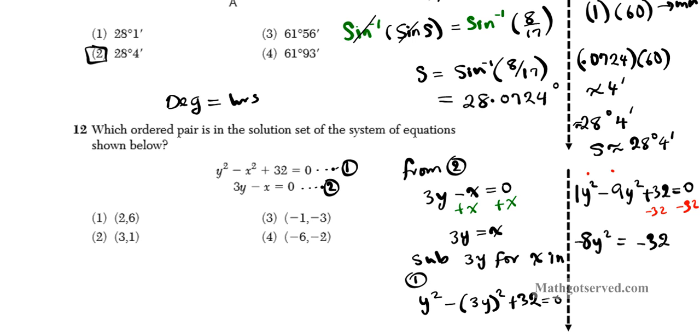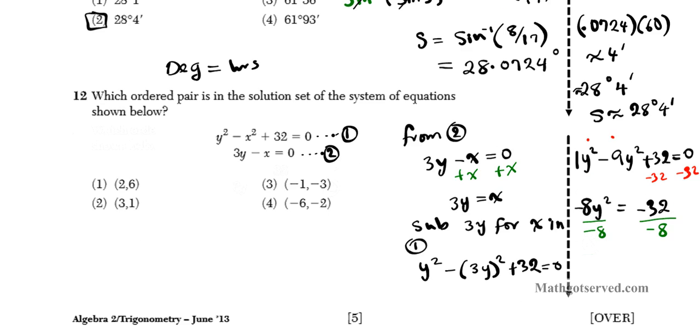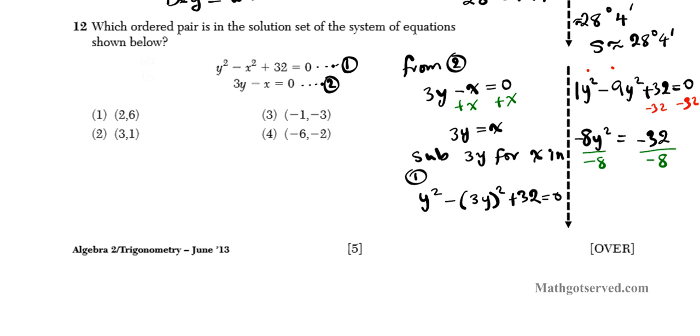Okay, so divide both sides by negative 8. Remember the goal is to isolate y. So you're going to have y squared equals 4. And you take the square root of both sides. Y squared equals 4.